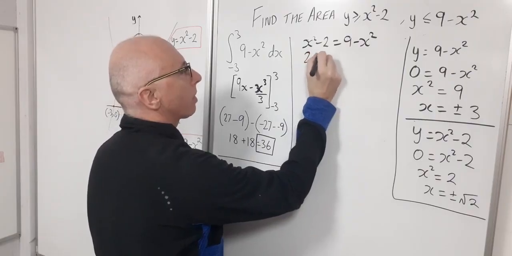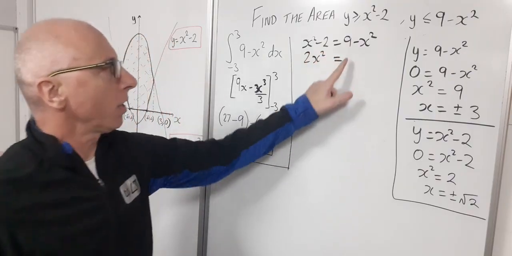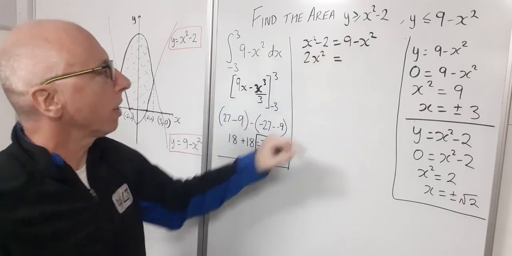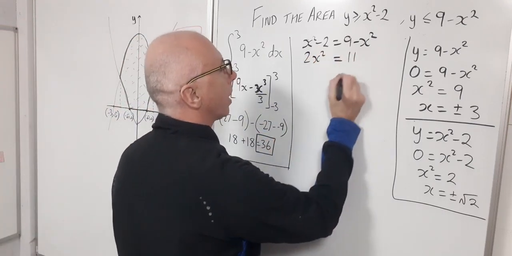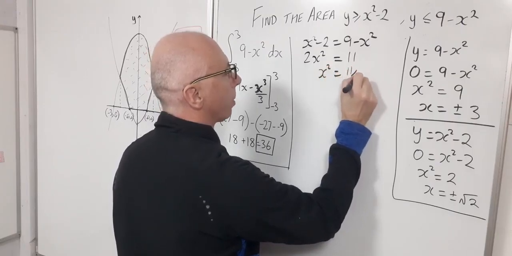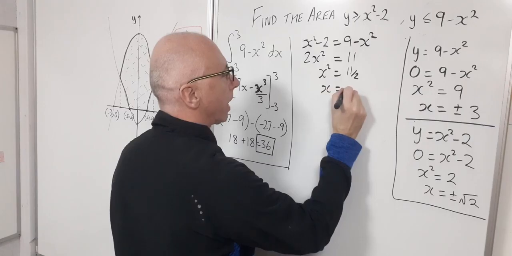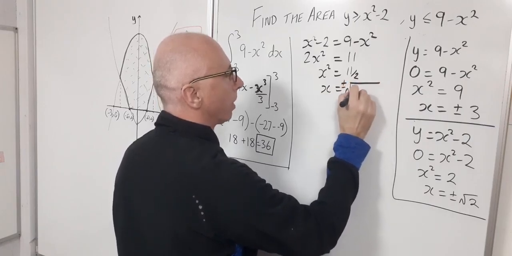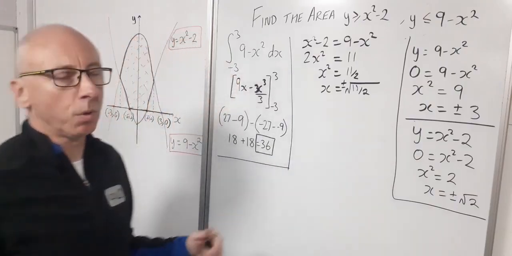I've got 2x squared. Now I've got 9 here, so I've got minus 2 here. Get this minus 2 across. I'll set it equal to 11. And then x squared equals 11 over 2. So take the square root as we did before. X equals plus or minus square root of 11 over 2, or 5.5.